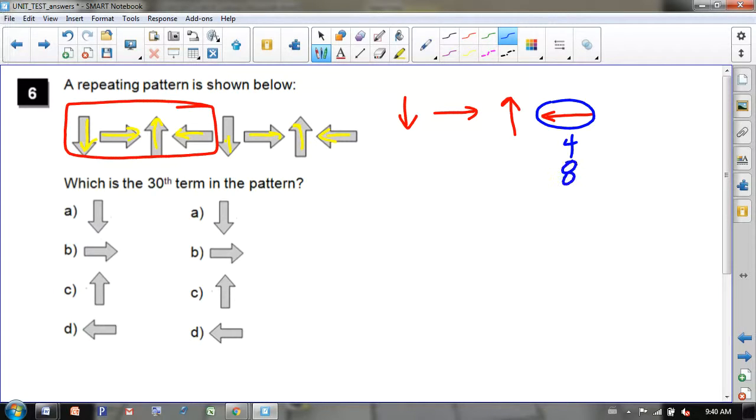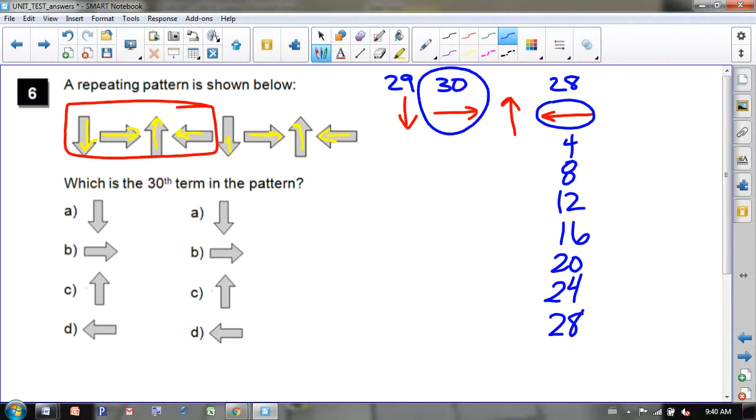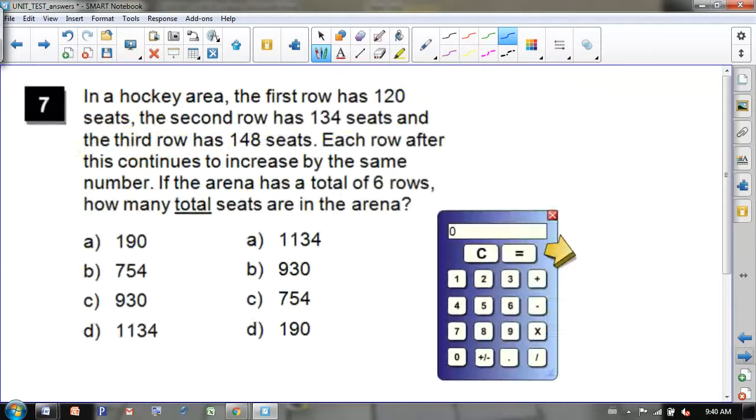So the 4th term, the 8th term, the 12th term, the 16th term, and so on, the 20th, the 24th, and the 28th. Since this one's the 28th, the next one would be the 29th, which is the down-facing arrow, and then 30, which is the one we're looking for, which is the arrow facing to the right. So in both versions of the test, that's answer B.